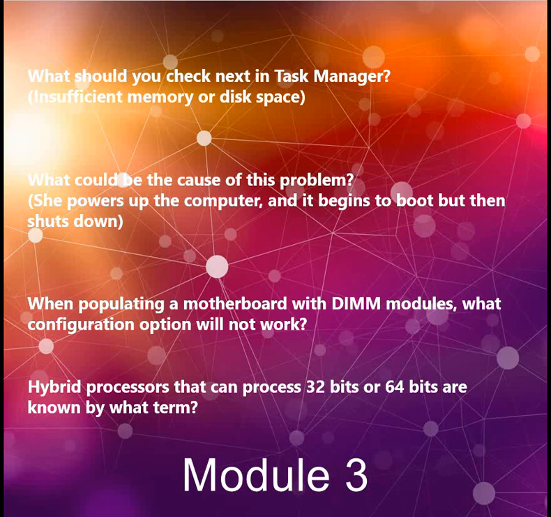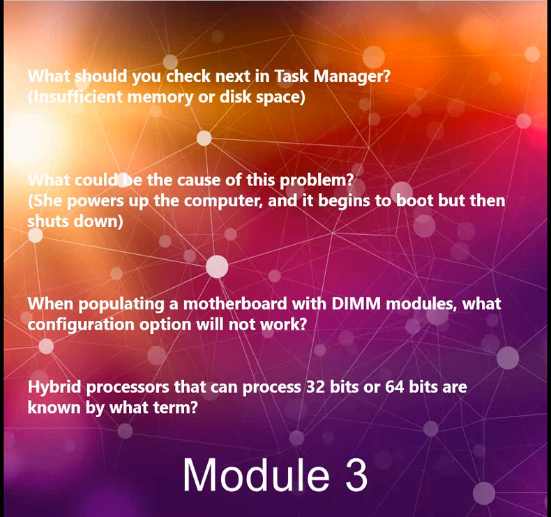Using 2 different manufacturers' memories, same thing. The manufacturer doesn't matter as long as it's the correct memory chip. It will work. Leaving a slot unpopulated. If you have an empty memory slot, the computer can automatically read that, and it'll still work.